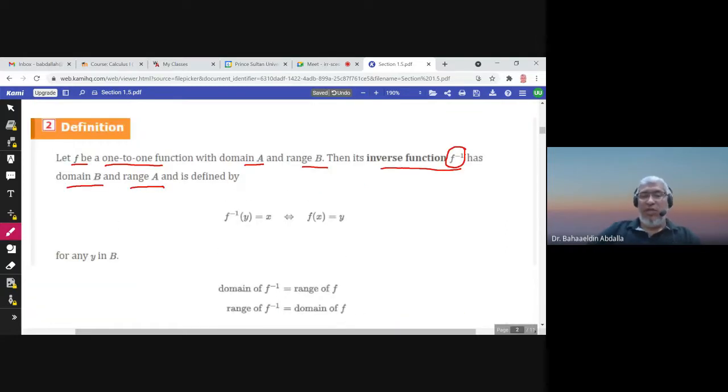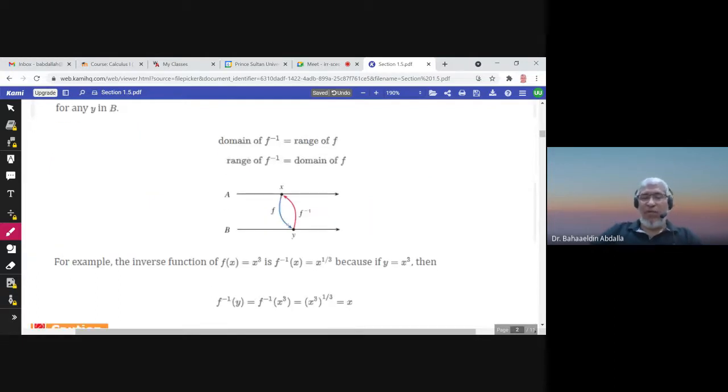Now, what is the definition of f inverse? This is the definition. If the function f takes x to y, then the function f inverse takes y to x. Okay, so f takes x to y, f inverse takes y to x.